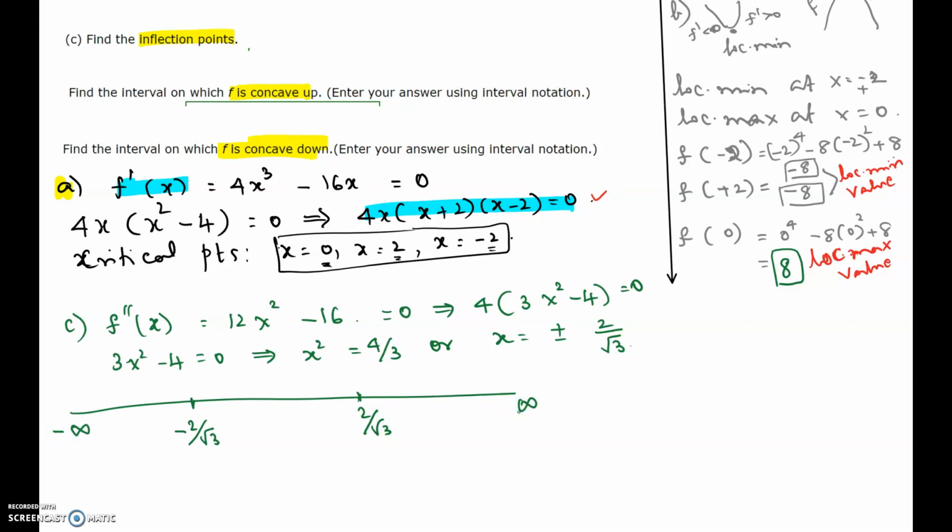Then we have to see what happens to the second derivative in these intervals. So when we compute 2 over radical 3, the value will be approximately 1.15. So we have to pick a test point between -infinity and -2 over radical 3, which can be given as -2.